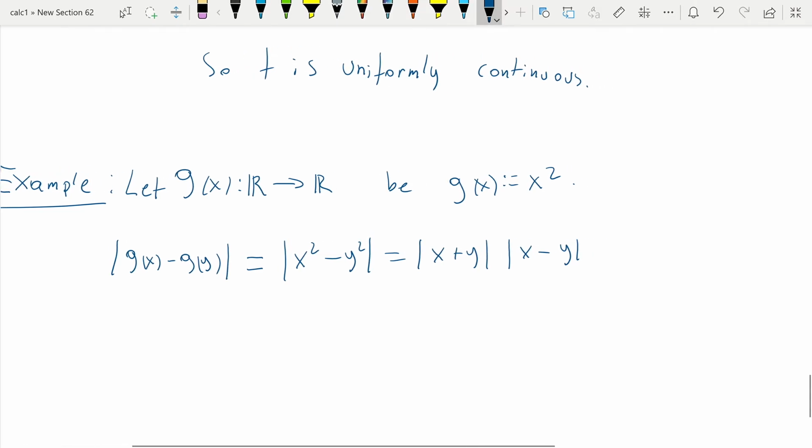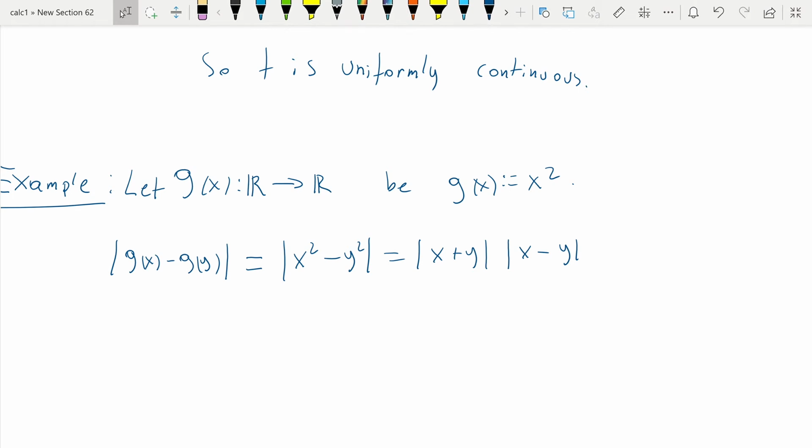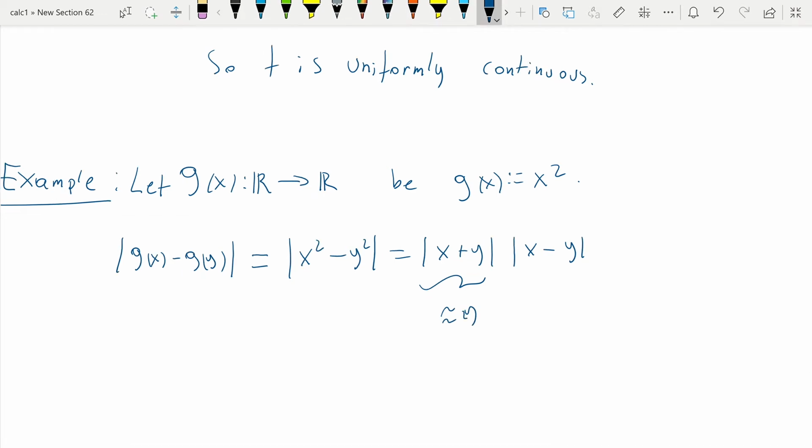And now here, of course, no matter where we are, if x is close to y, then x plus y is approximately equal to 2y. Again, we're just looking at what happens near a point. So this is familiar to what you were asked to do for this week's problem session.